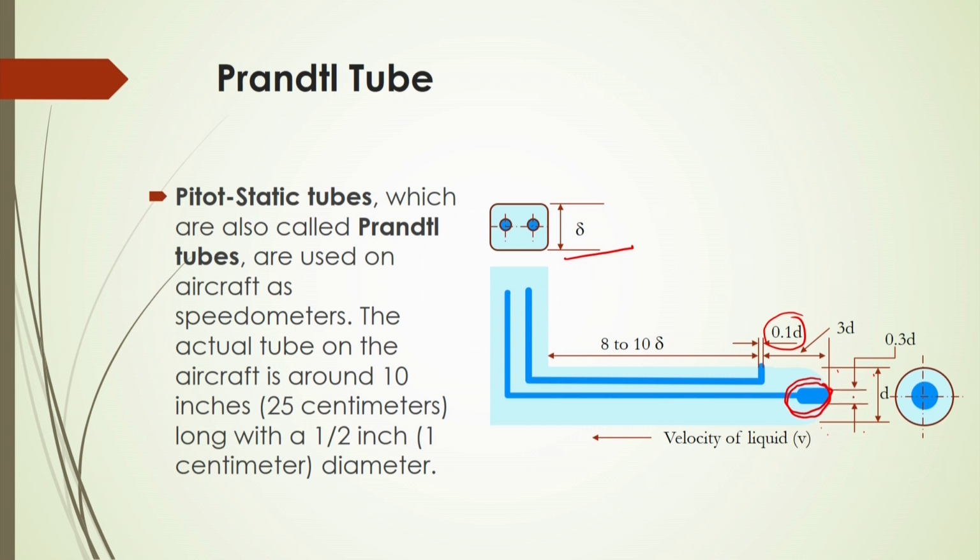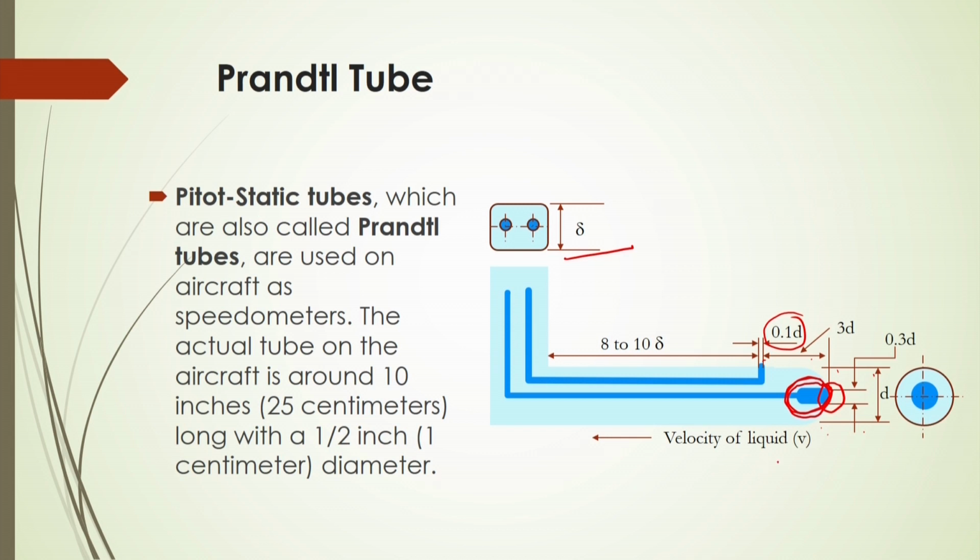So, in that case, from this stagnation point, whenever the fluid gives pressure here, this diameter should be designed to be equal to 0.3 of d, and this distance would be 3 d, and this distance will be 8 to 10 d. The velocity of the fluid will be flowing in this direction, and through this portion, and also through this.